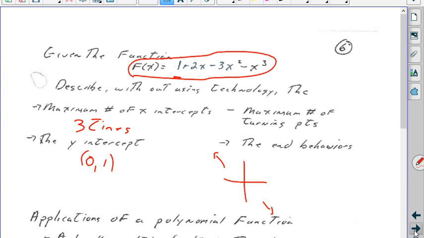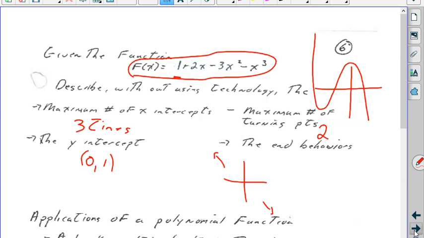This is where the graph changes direction. So we know it starts up here, crosses once, got to turn around, cross again, got to turn around, cross again. So the maximum number of turning points is 2. The maximum number of turning points is always 1 less than the degree.